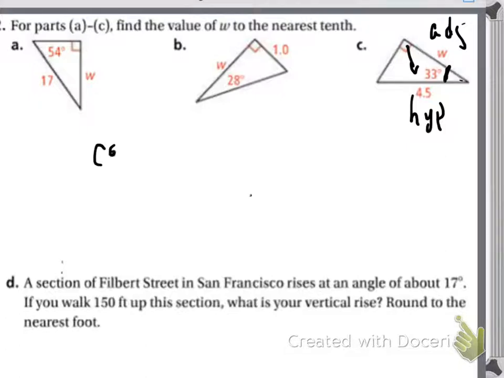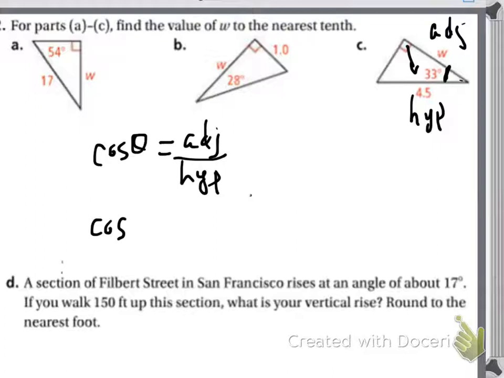So the cosine of theta equals adjacent over hypotenuse. My theta is my degree, so the cosine of 33 is going to equal W over 4.5. Did I say 45 earlier? Hopefully I didn't. That's 4.5.